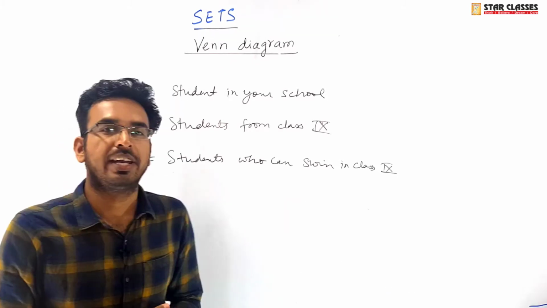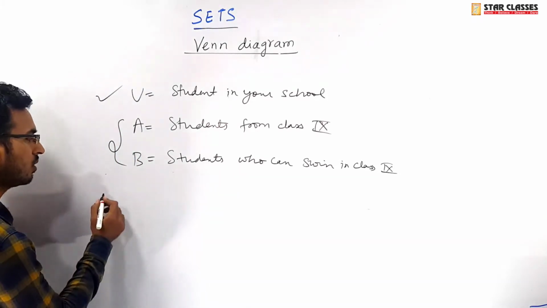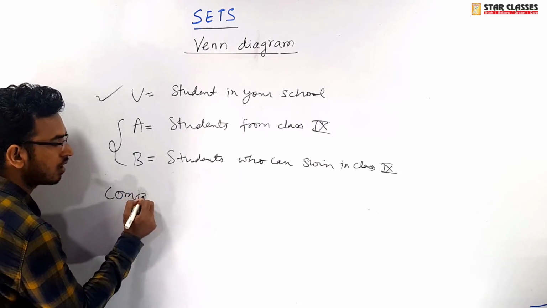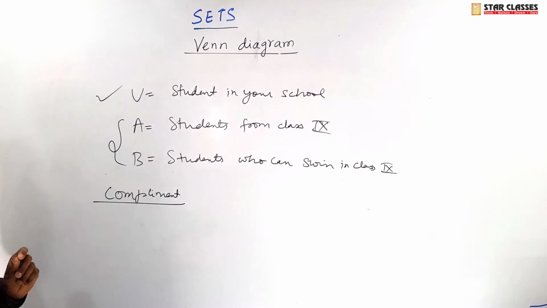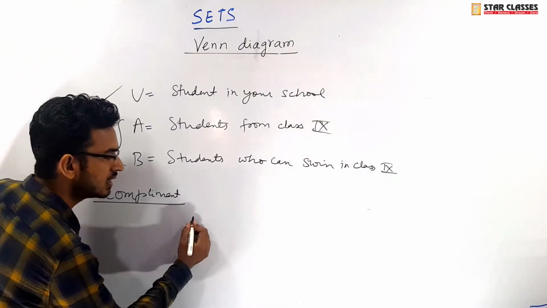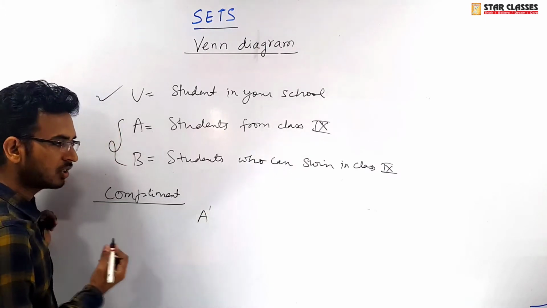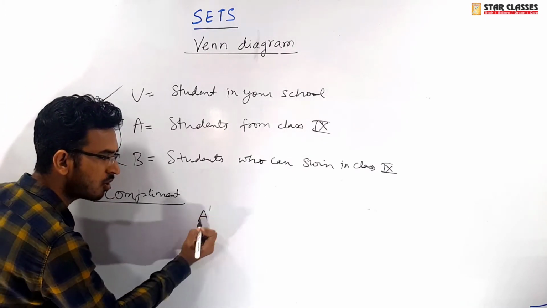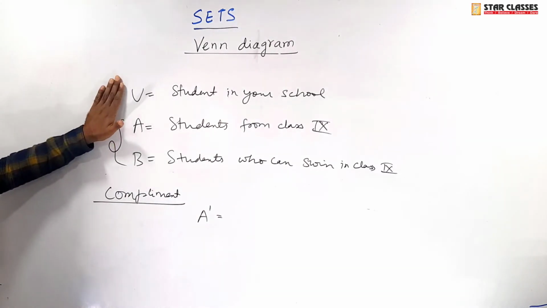Okay, now let us understand another concept which is known as complement. Complement is denoted as, suppose I say set A complement, complement of A. So this is denoted as A, and this small mark here means complement of A. So let us take this example.